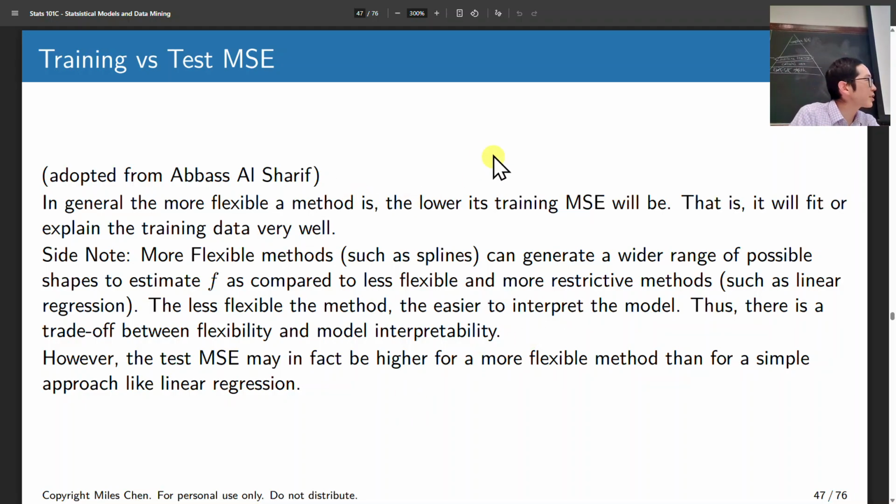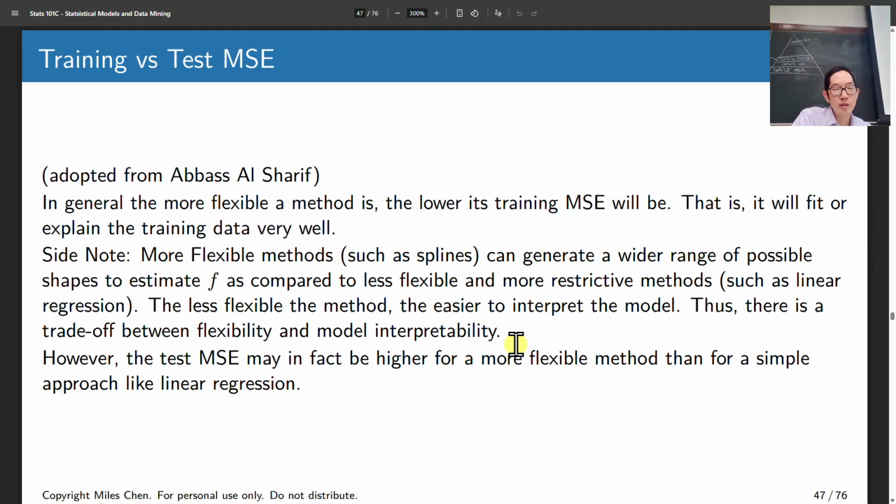If you have a very flexible method, its training mean squared error is going to get really small, and so it'll fit the training data really well. But when you do your testing on it, the mean squared error for this flexible model might end up being higher than for a less flexible model.